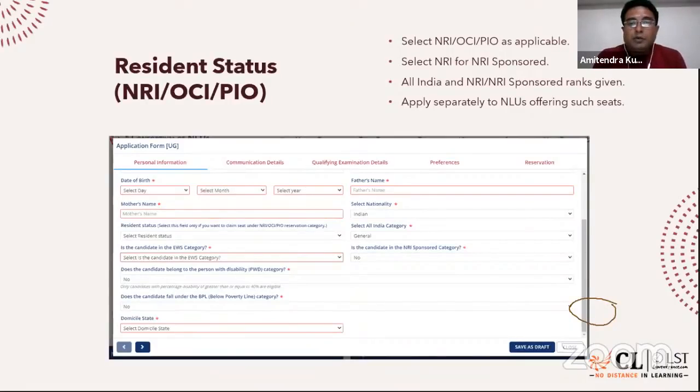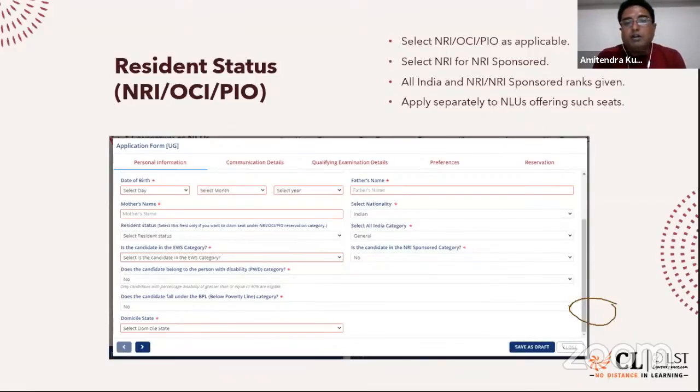Now, if you're applying through that category, from the given form, you have to select from the drop down, you have to select NRI, because they have not specifically mentioned NRI sponsored. So select NRI as the option. The e-brochures given by the respective institutions do mention NRI sponsored seats and the number of seats available for such category of applicants.